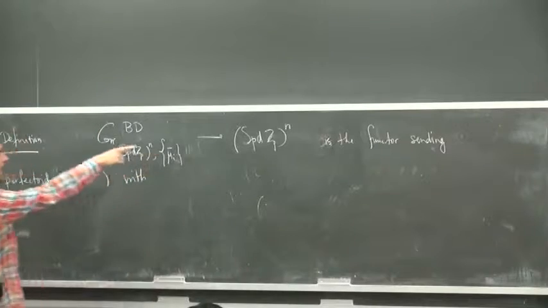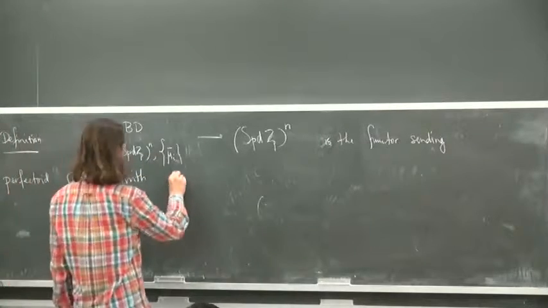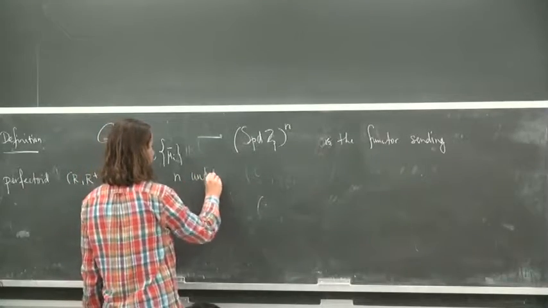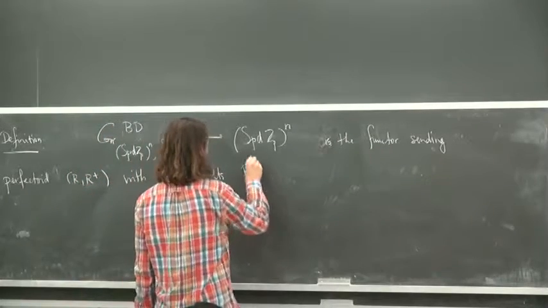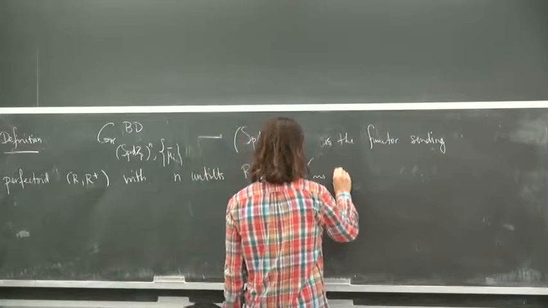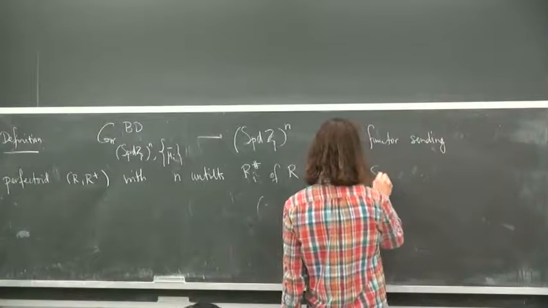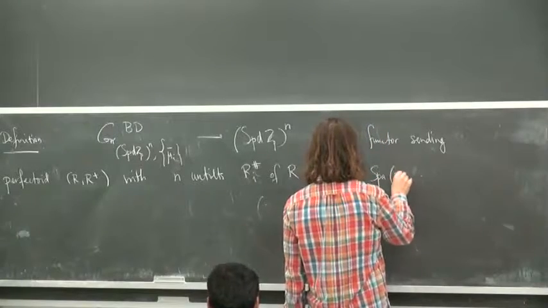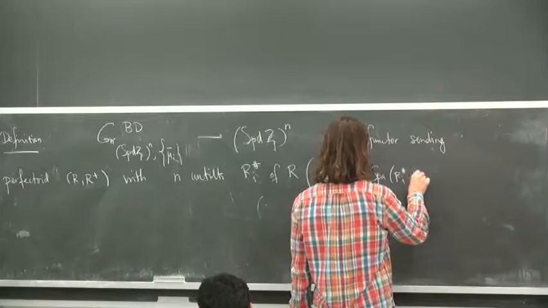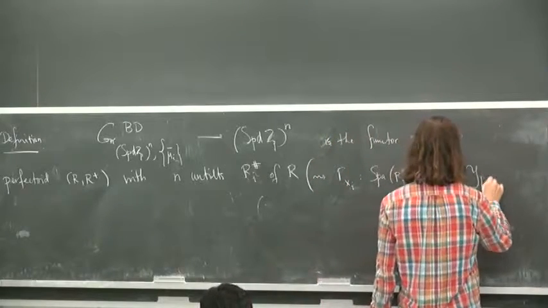With n points of Spd ZP, meaning n untilts R_i sharp of R, which again give rise to the graph of the points x_i, which is a closed embedding into the space Y_[0,∞).